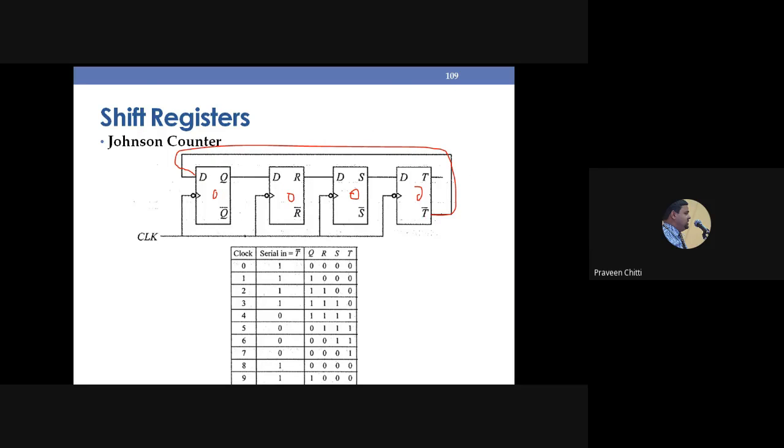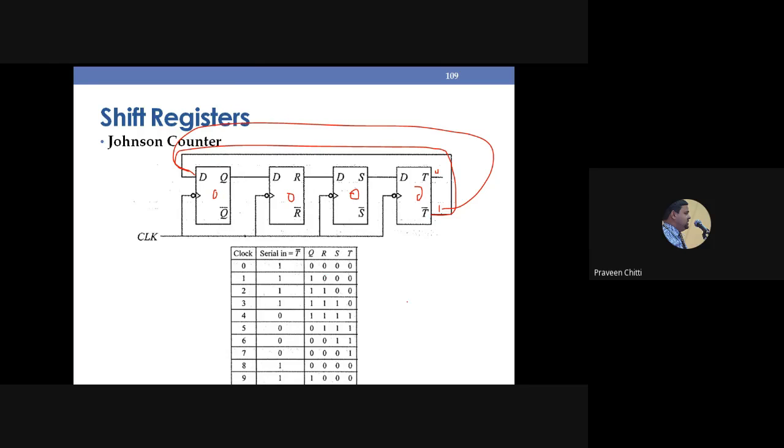Since we are connecting the complement output, Q bar, not the Q output, back to the input, if this is 0, then this will be 1, and this 1 will come here. So automatically the problem of having to set one of the flip-flops is overcome in the Johnson counter.